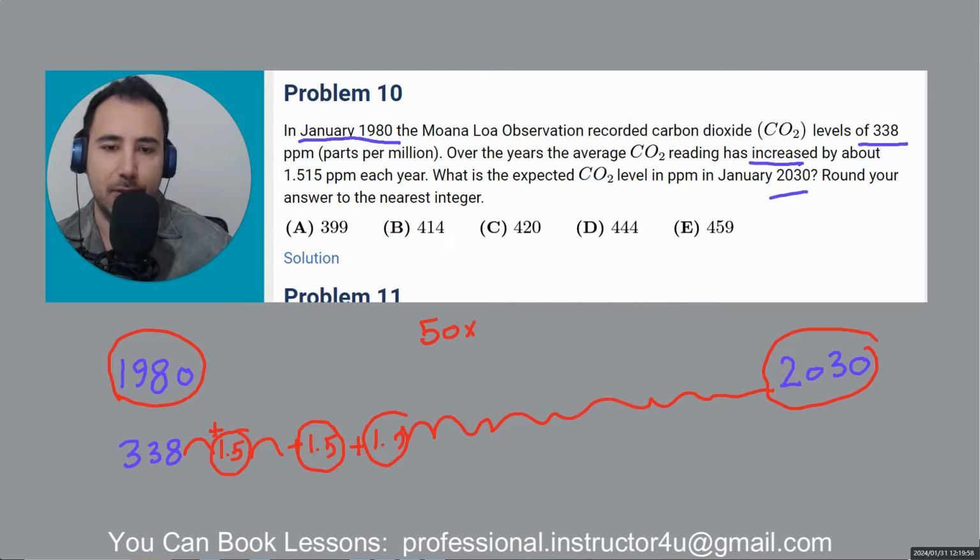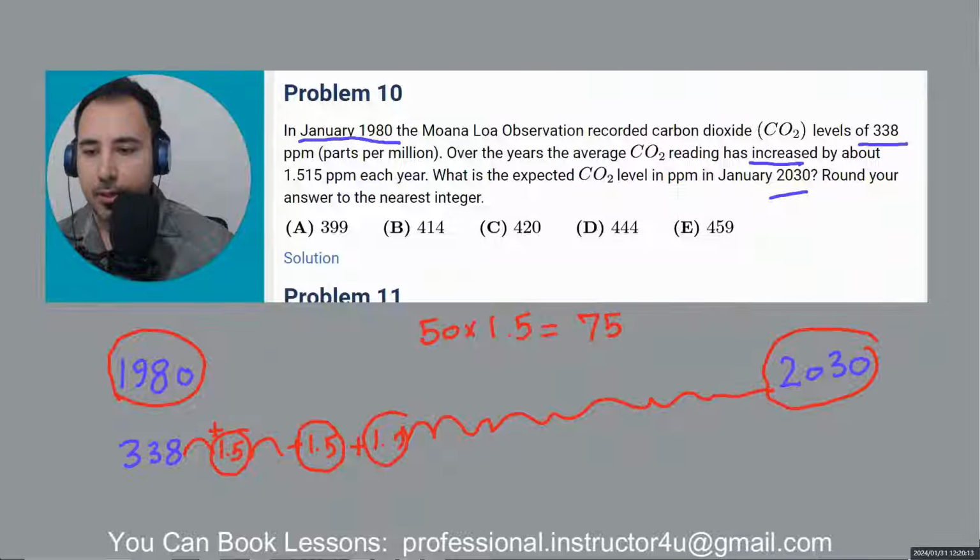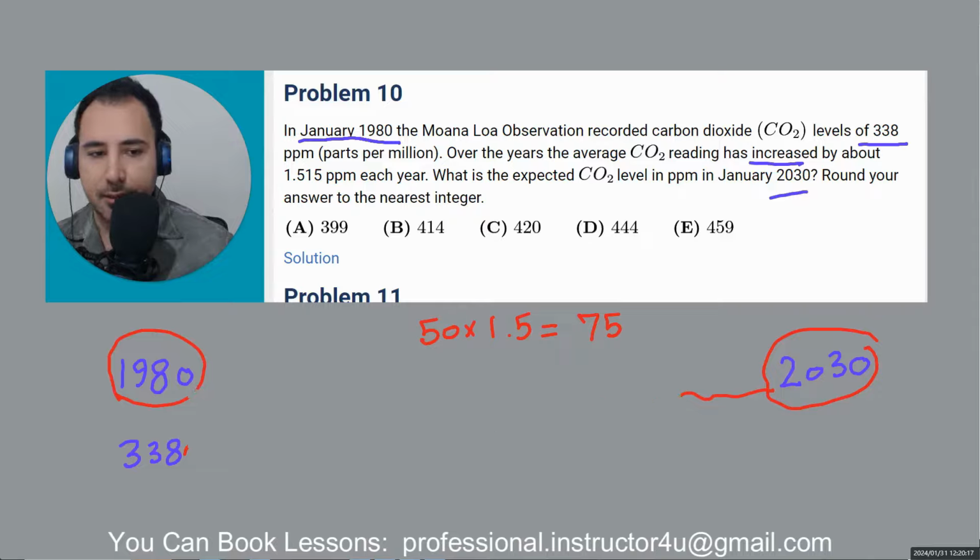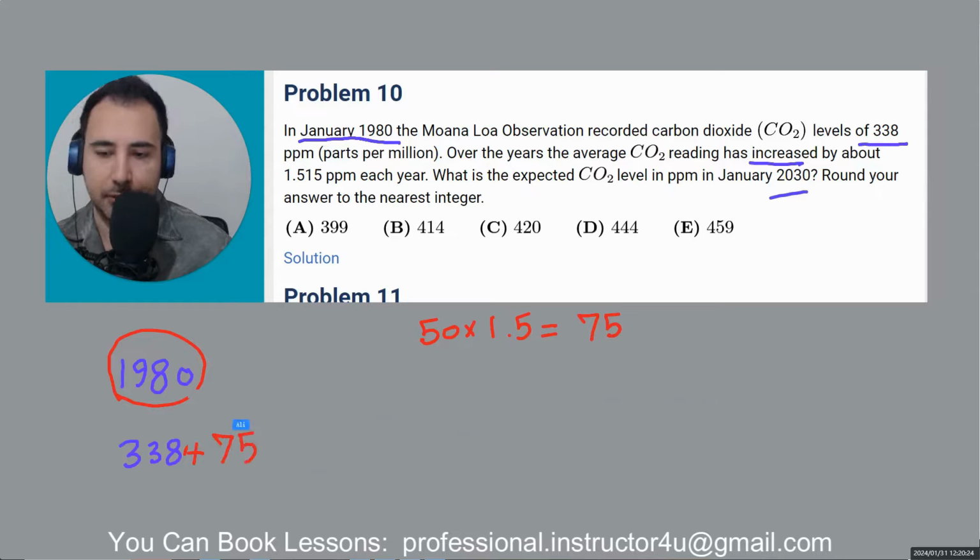So what I could do is just multiply by 1.5 for now. What is 50 times 1.5? 75. So that means through these 50 years, 75 was added to the initial number.